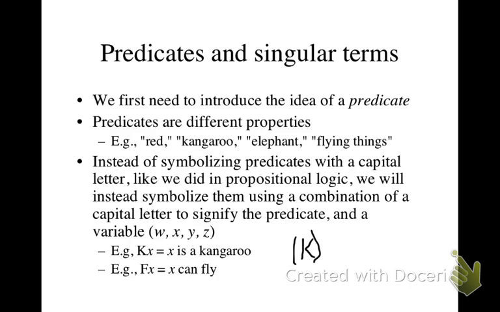So if you had the predicate kangaroo and he wanted you to use Kx, he would put the K in kangaroo in parentheses. That's just how Post-Pisal is going to do it.